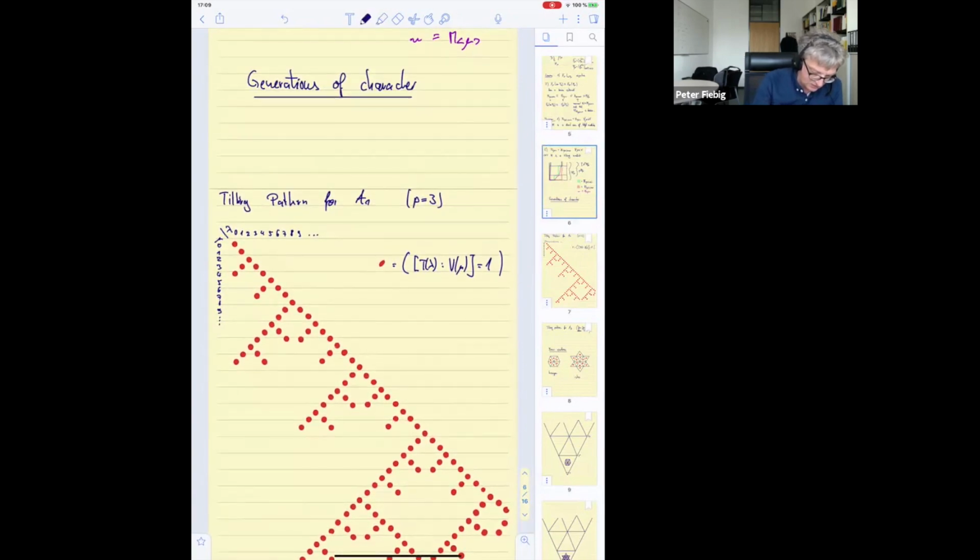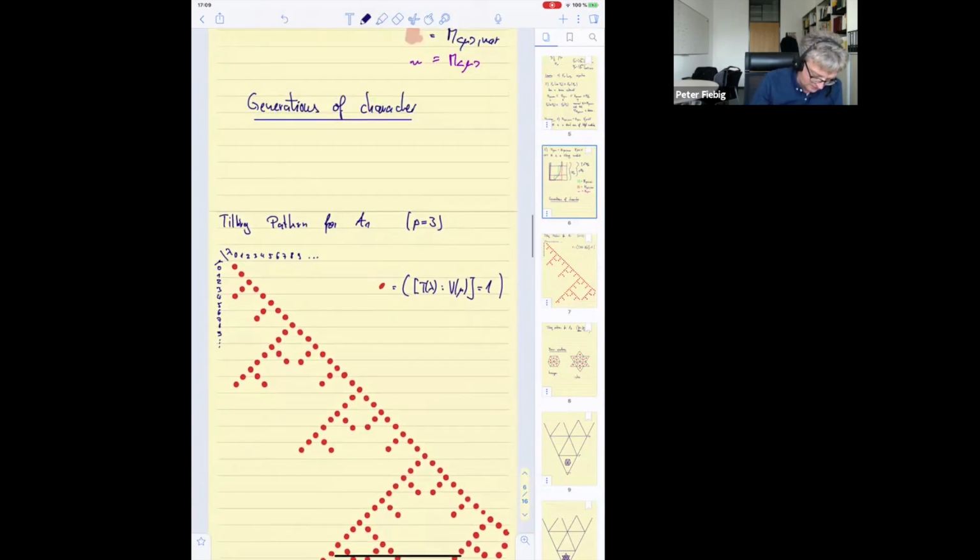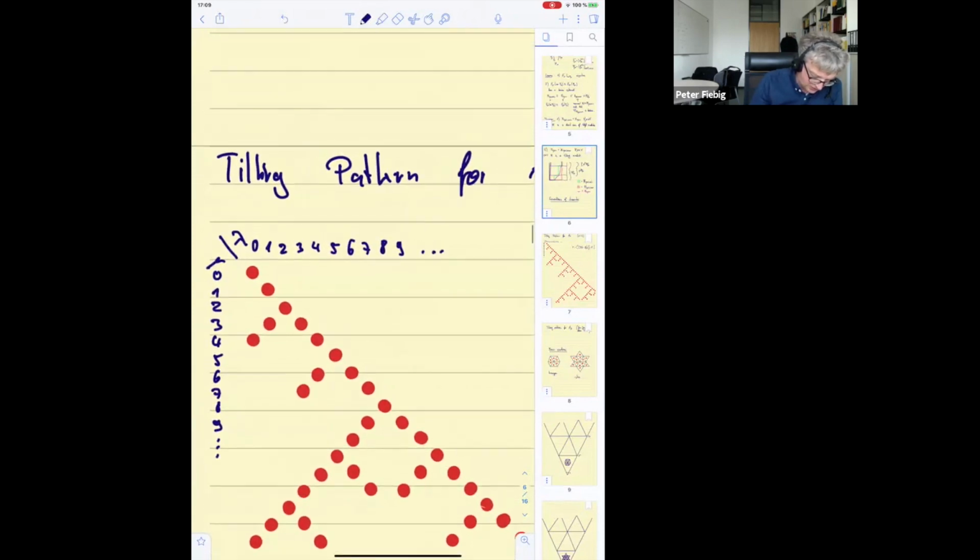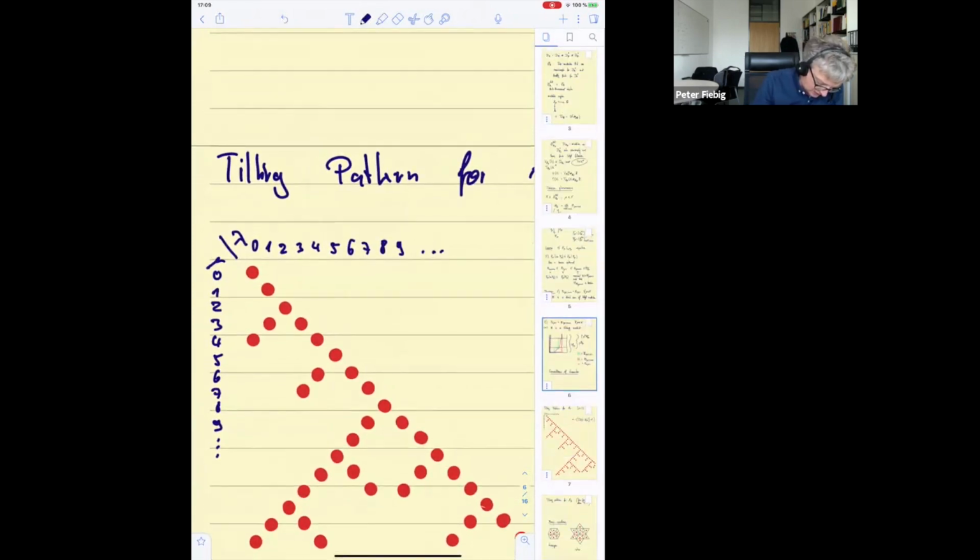If you look at the torsion coefficients, I can show it to you here. This dot is there because there's a torsion 3, and here as well. You have torsion 3 here, and you have a torsion 9 here, which is good because the length of this leg is 9, but unfortunately here the torsion is 3 again.